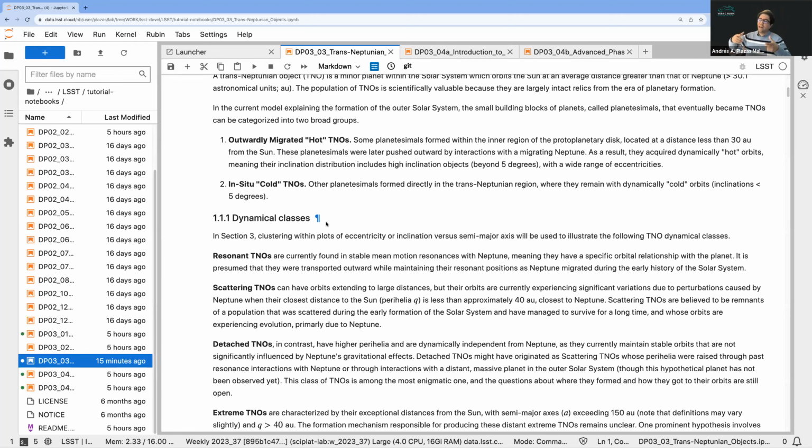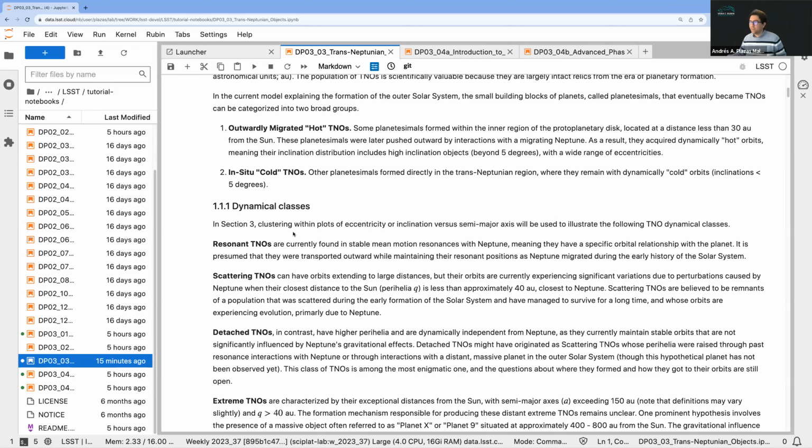Or you could also have planetesimals that form directly in situ, in place, in the Trans-Neptunian region, and this is what we call the cold TNOs.